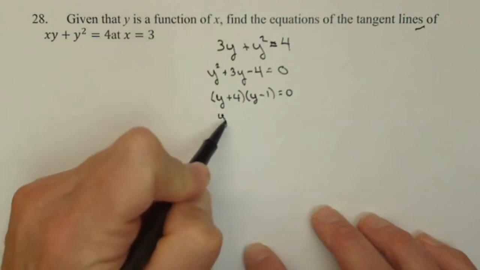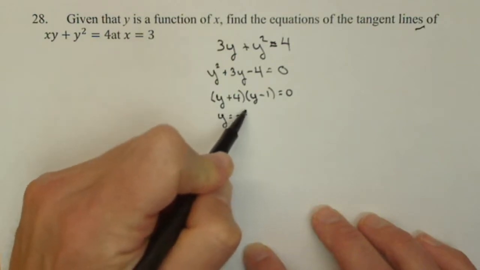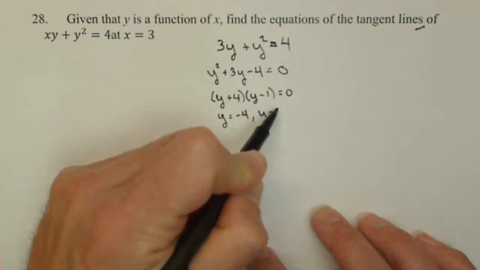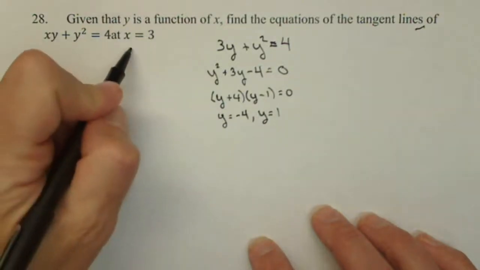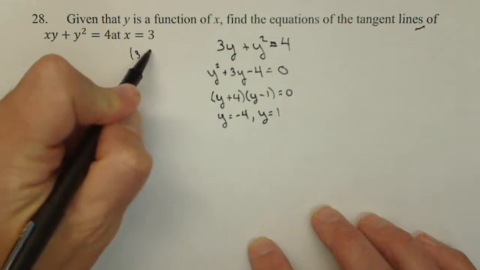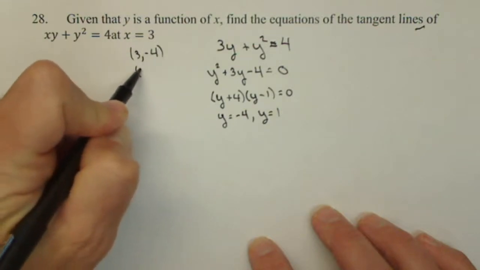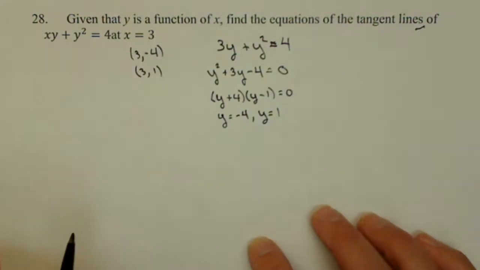And so there's actually 2 points, so y equals -4 and y equals 1 are going to be the two y values. So we have 2 points this is going to go through. One is (3, -4). One is (3, 1).